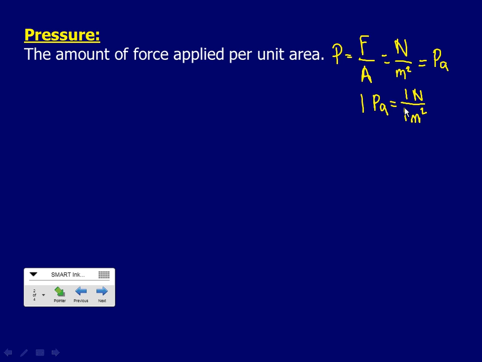Nothing. Next to nothing. That's a Pascal. Pascal is a phenomenally tiny little pressure unit, all right? Now, if I were to take this area and make it really small, then the pressure changes. Because if I make the area tiny, if I make the bottom of this equation small, what automatically happens to my answer?